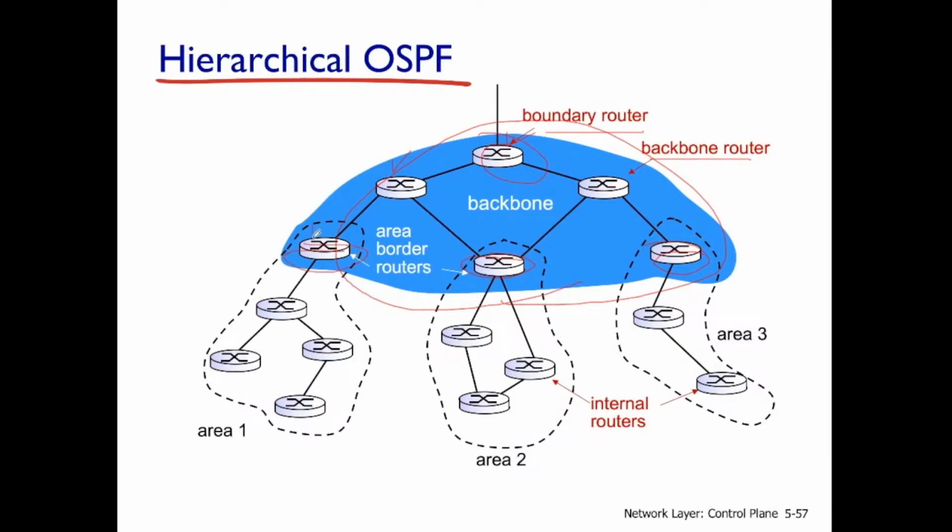So these here are the area border routers. The area border routers, boundary routers, as well as the other backbone routers together form the backbone, and they together also run OSPF, but that is independent of the OSPF running inside each of these areas.